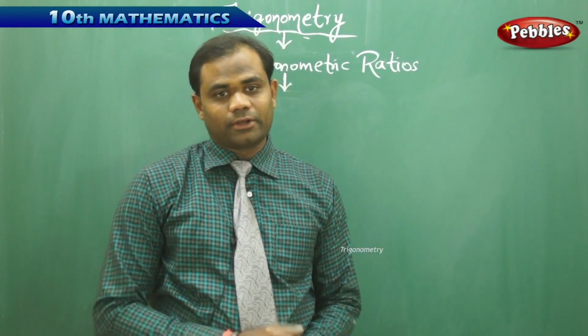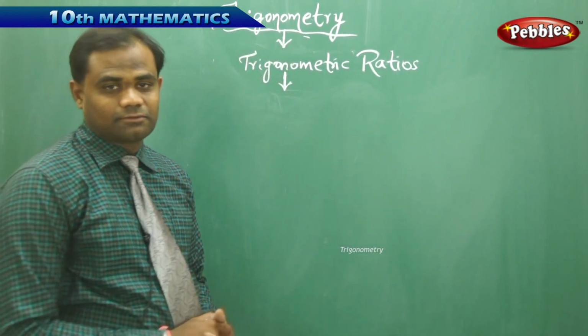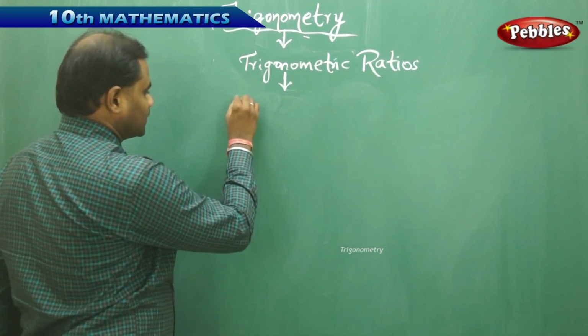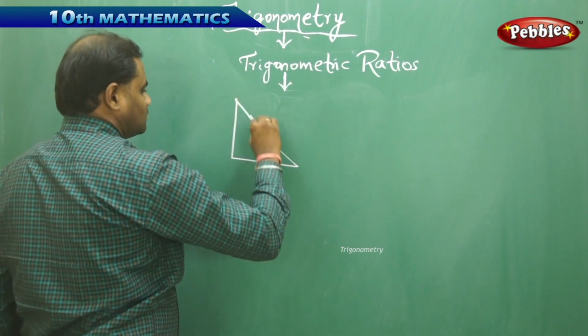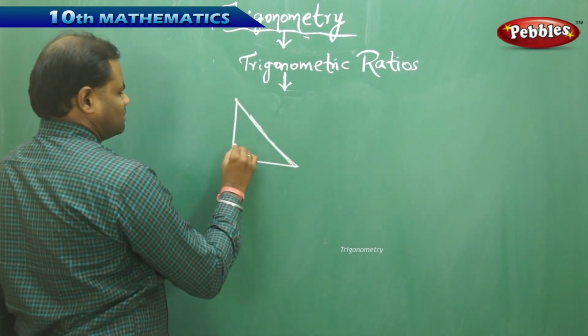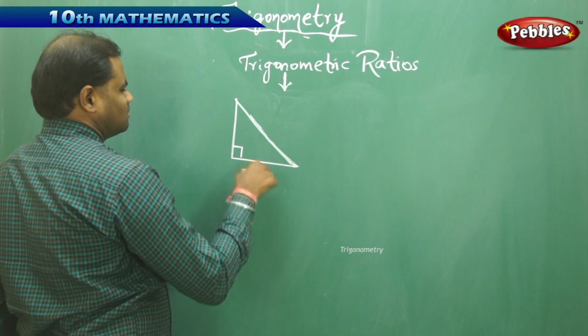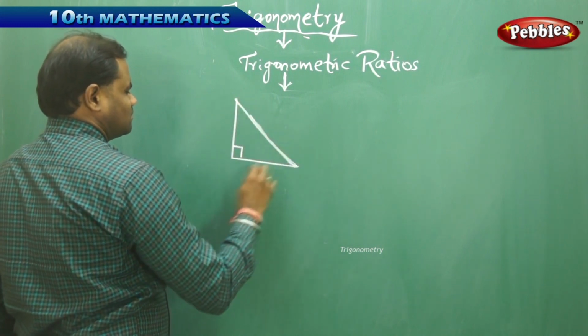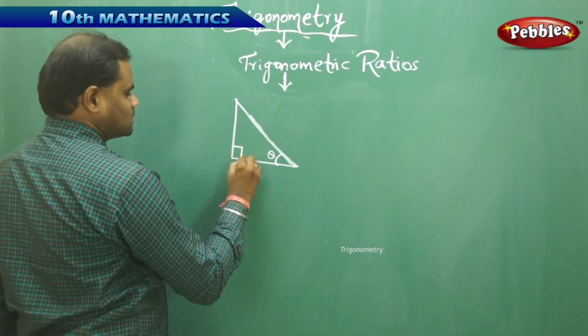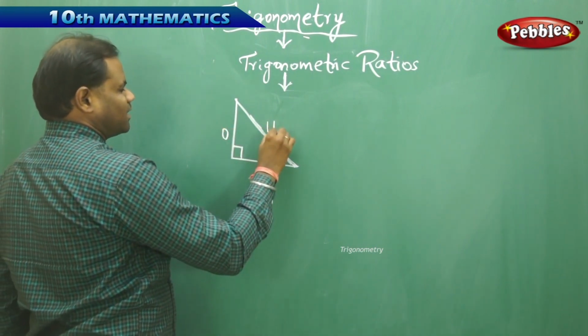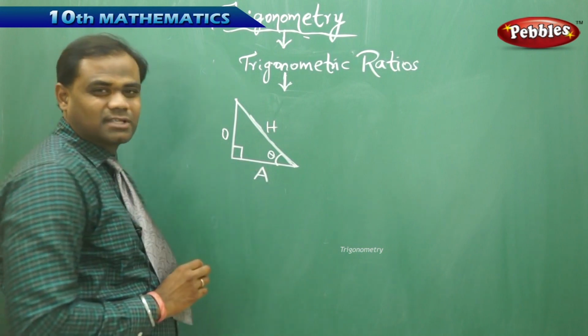The three trigonometric ratios which we have identified for a right angle triangle are, for this right angle triangle, if this is theta, then this is the opposite side, the hypotenuse, and the adjacent side.